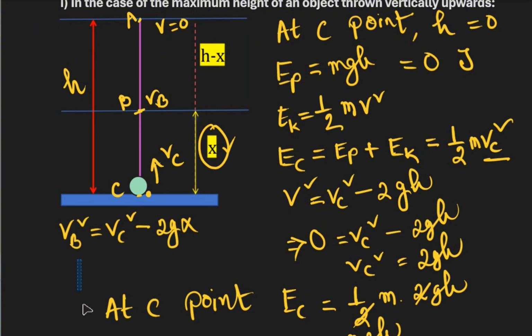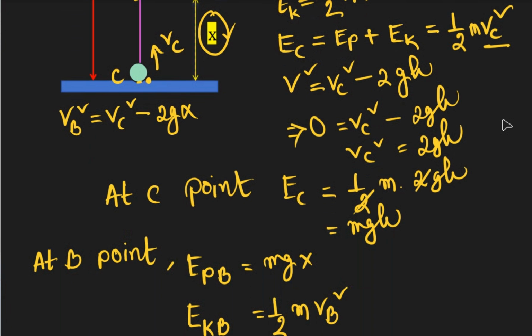And what is the value of vC square? It is 2gh.